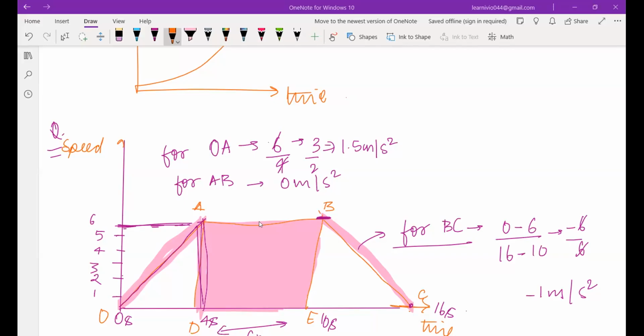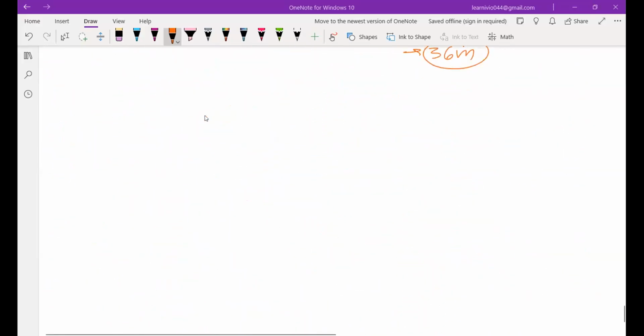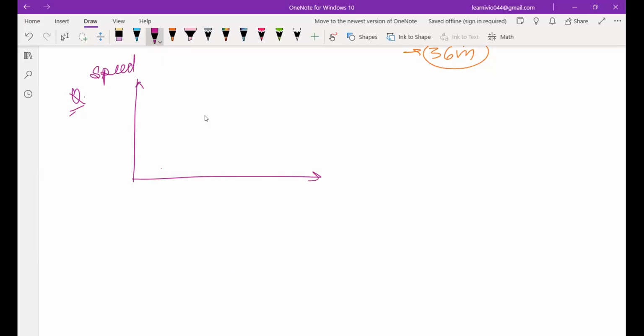Next question is, see, this is another graph that is given to you. You have this graph. This is the speed. This is the time.